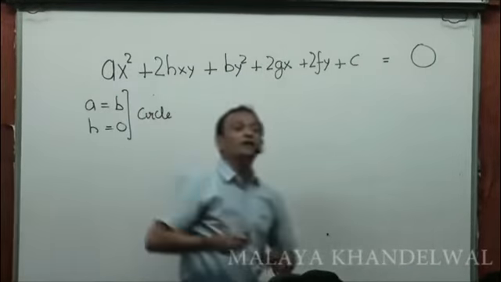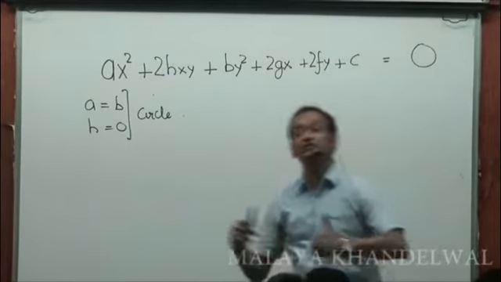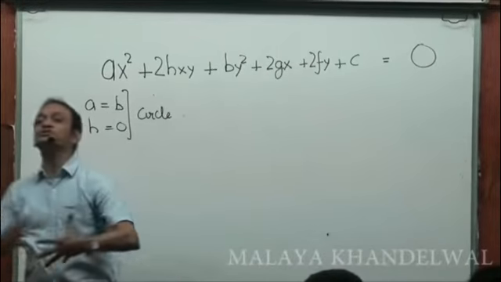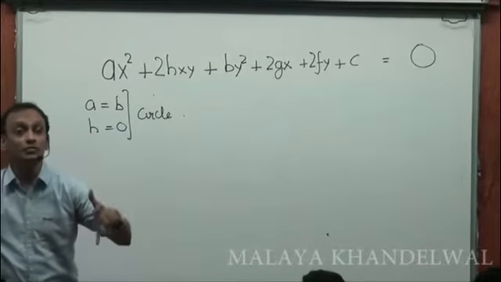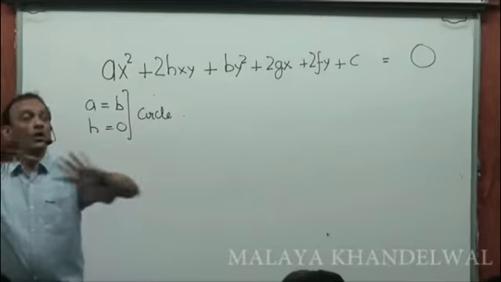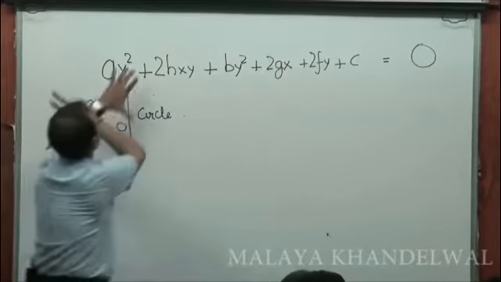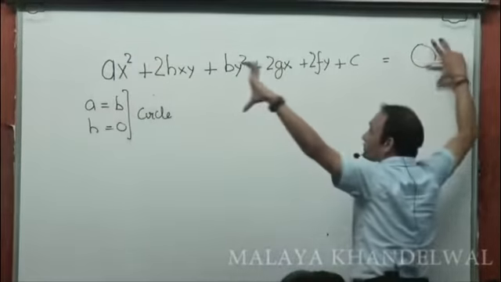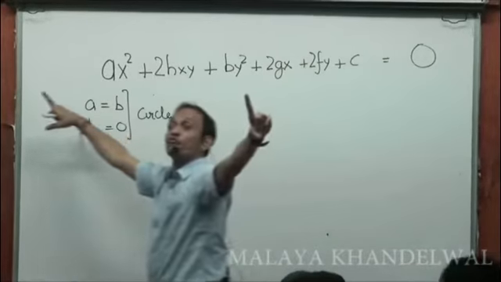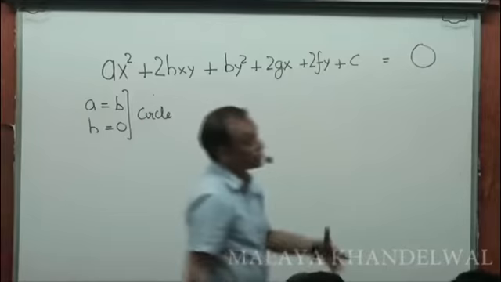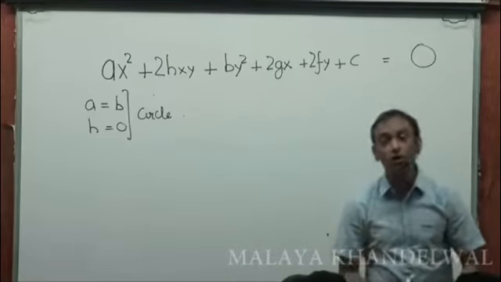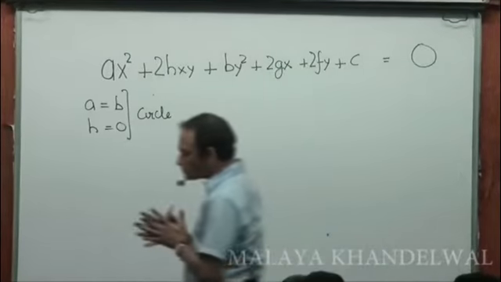For different combinations of A, B, H, F, G, and C, this will represent different entities: pair of straight lines, circles, parabola, ellipse, hyperbola. All of it is packaged in this single equation. Based on your choice of A, B, C, H, F, G, you get one entity or the other, either a pair of straight lines or a circle, or one way or the other.